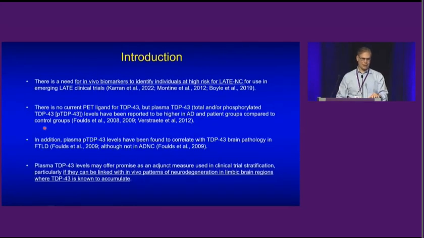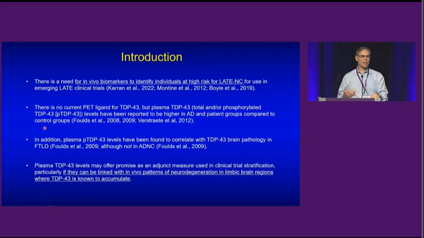So basically, that sets up the idea that we really need in vivo biomarkers for LATE. The previous presentation was fantastic, and it looked at FDG PET. However, there's no specific ligand right now for LATE, for TDP-43 pathology, that is commercially available and validated.